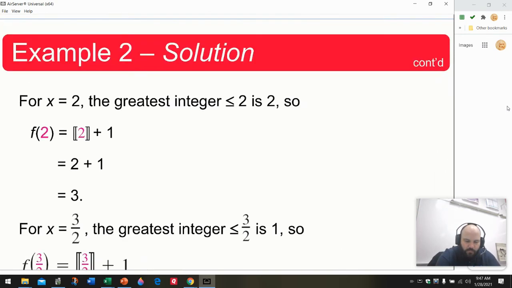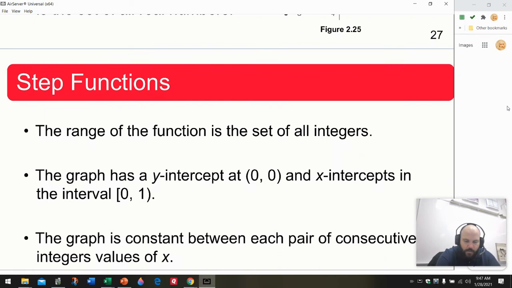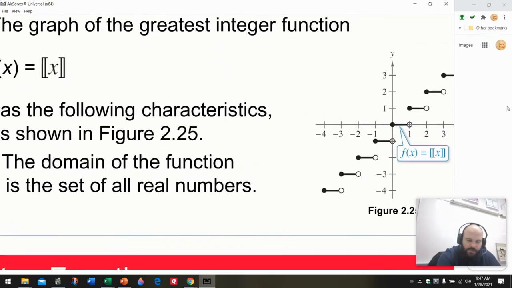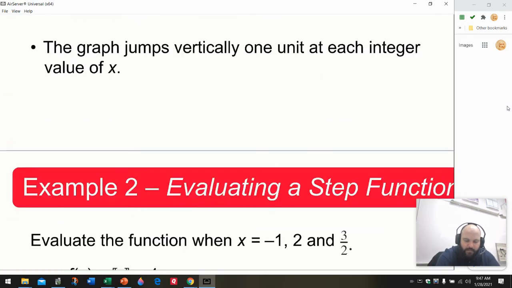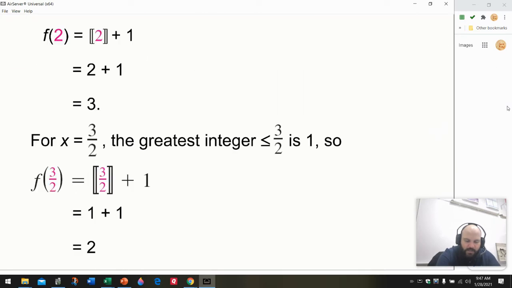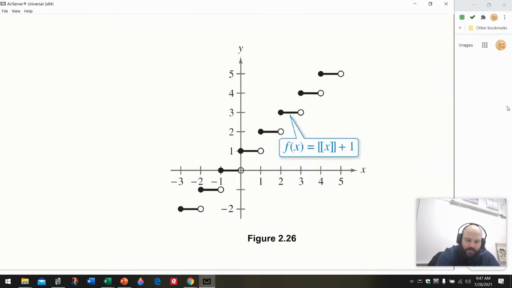So if you look at the original one up here, you can see that the function starts at the origin and then goes to the right to 1. Whereas this other one, because it had that plus 1, does not start at the origin. It starts up at 1 because this step came up from here and was shifted up 1 because of the plus 1.